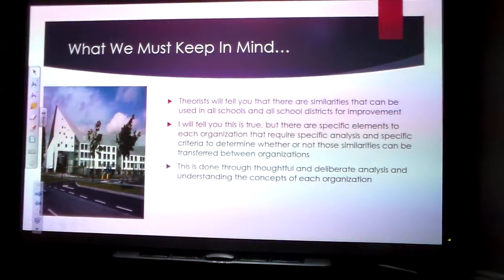So theorists will tell you that there are similarities that can be used in all schools and all school districts for improvement. There are different elements that require different types of analysis, and if you actually understand the context of the organization that you're studying, you have a much better chance of being able to do organizational improvement.